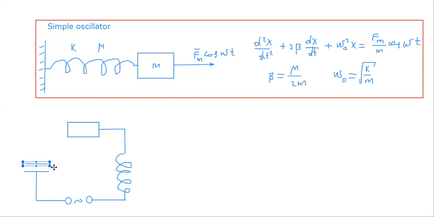Here we have capacitor. Necessary to write this properly. What's wrong with this?